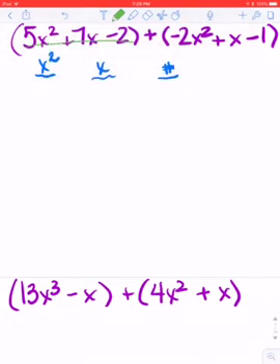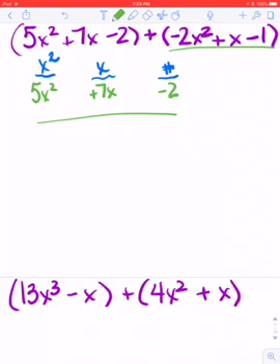Now I'm going to go through first of all and sort this first one kind of like a first row here. So 5x squared plus 7x minus 2. And then I'm going to take this one and make a second row here so that we can go through and sort them. So negative 2x squared plus x minus 1.